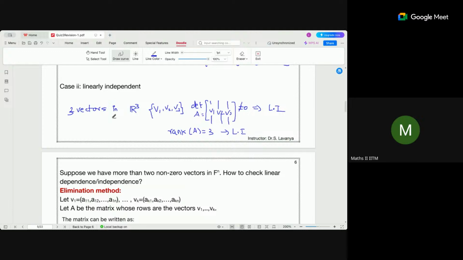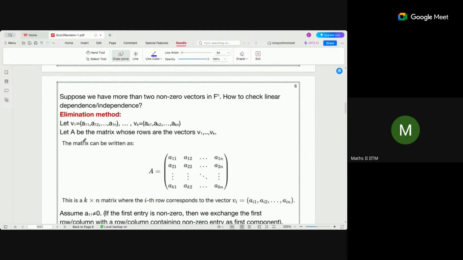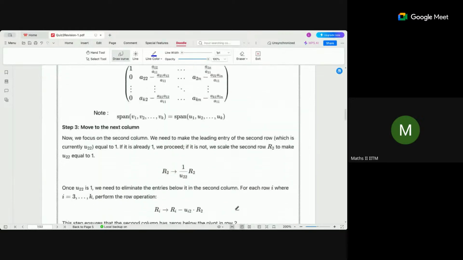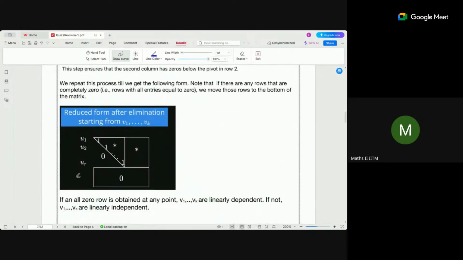But suppose instead of 3 vectors, you are having 4 vectors. Then how will we know how many linearly independent vectors are there? In that scenario, you have to use the elimination method. You have to use row reduction and make the matrix look like this. After row reduction, if there are any 0 rows, what does it mean? Linearly dependent. Yes, if there are any 0 rows, then it is linearly dependent.